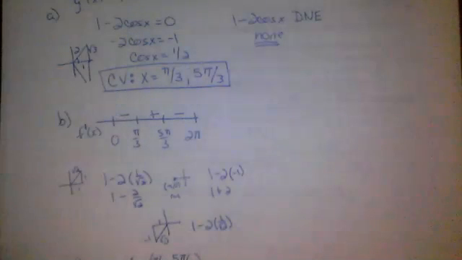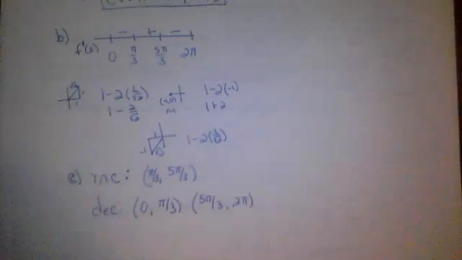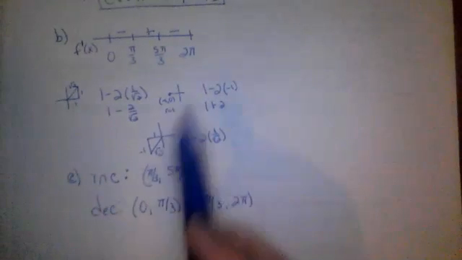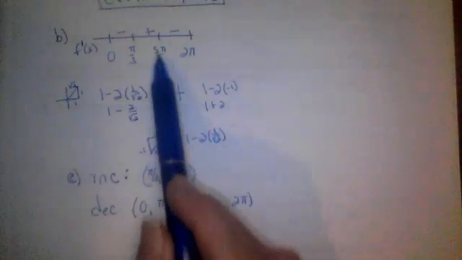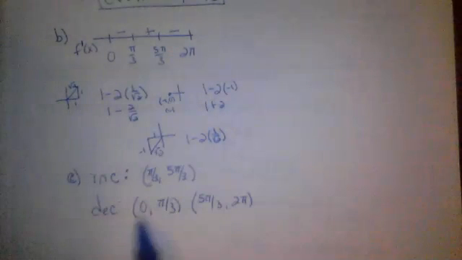In this one, if you want to use brackets on the endpoints, you can. Parentheses are always okay on the AP exam. So if you're not sure, then just go with the parentheses. So increasing where it's positive, decreasing where it's negative.